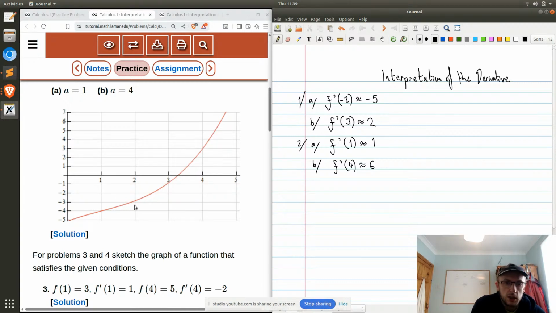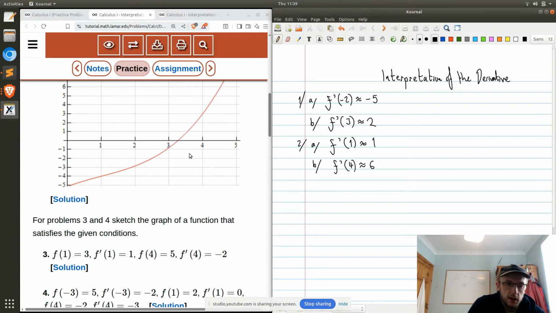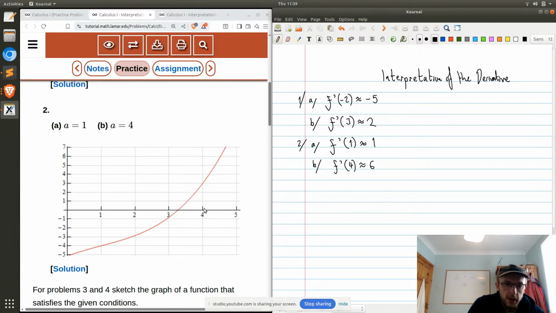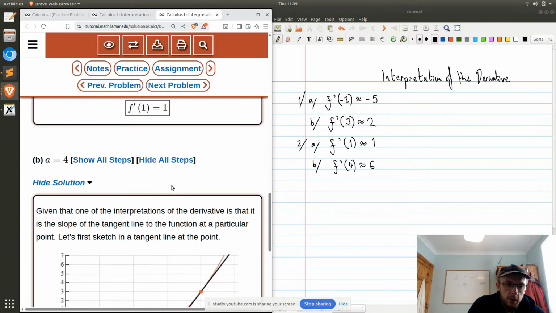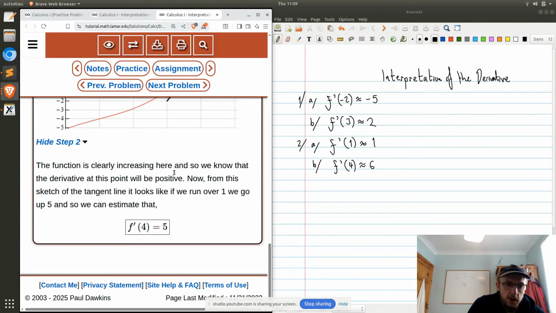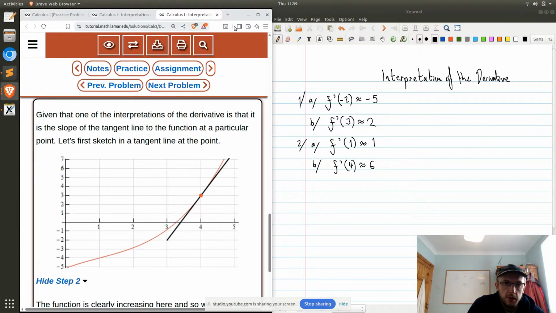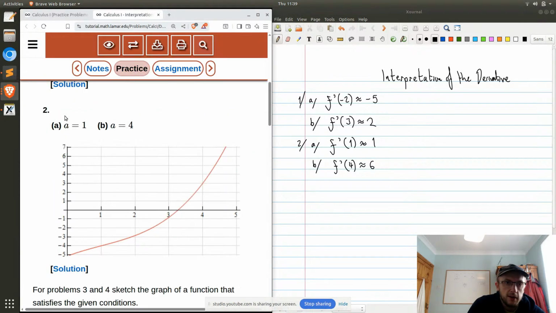Change of 2 in the y-axis and a change of 2 in the x-axis. Let's just redo 4 then. I do believe that I'm right about 4, but we're about to see. Okay, so they've said 5. I would have said 6, but these are just estimates, so there you go.